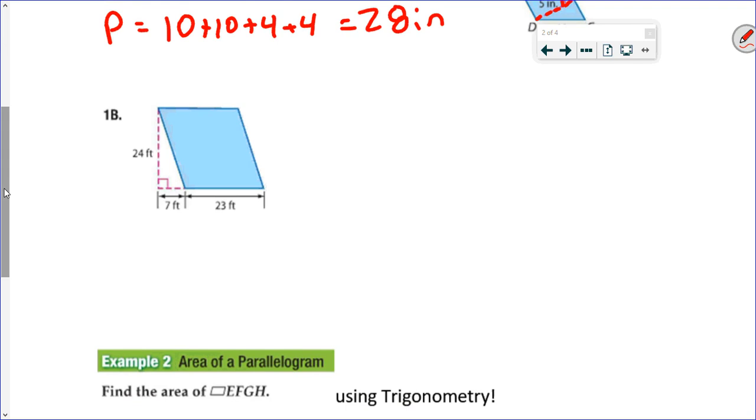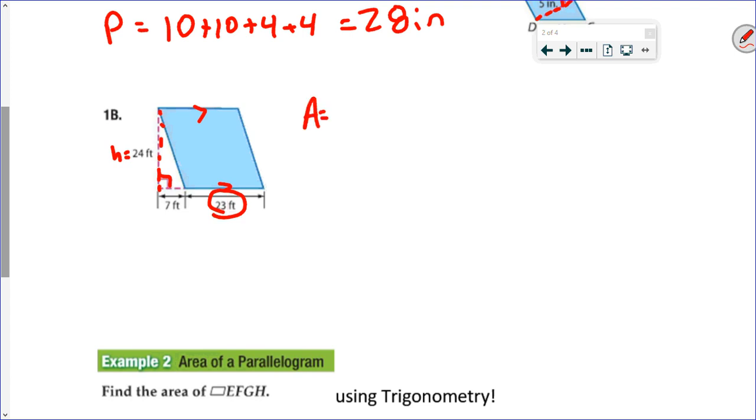And all right, let's take a look here. So this one's maybe a little trickier. This measure here is perpendicular to these two sides. So our base will be 23, and let's call our height 24.